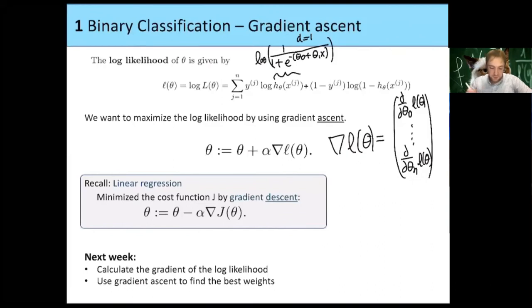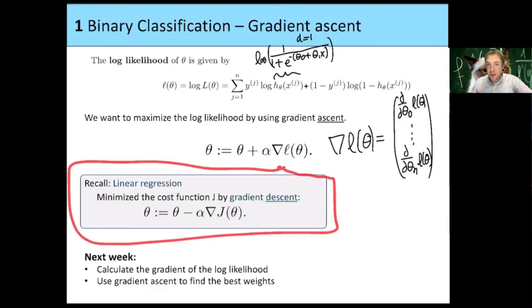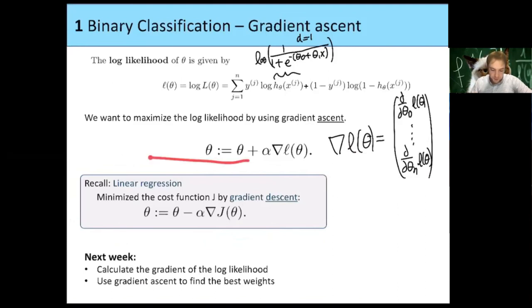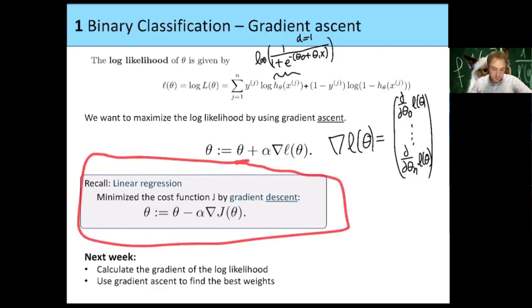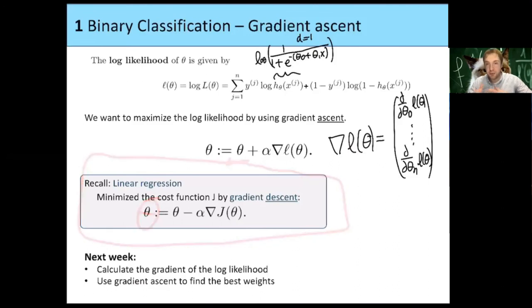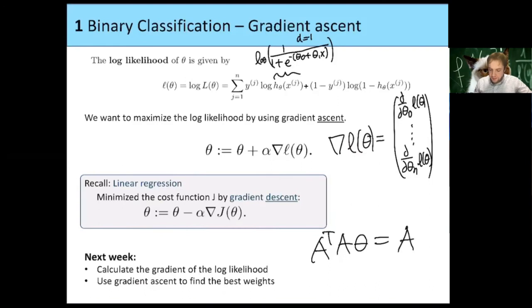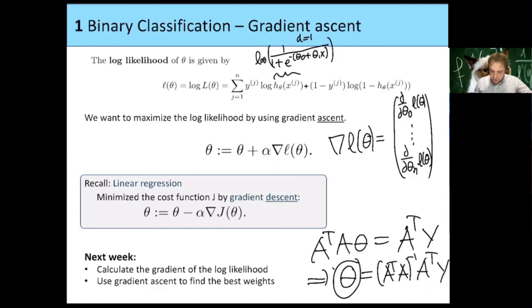The story here is that in contrast to linear regression, there's no direct formula to solve our problem. Today at the beginning, we talked about the linear algebra part where we can find a direct formula for theta by reducing it to the normal equation, A^T A theta equals A^T y. There the direct formula is to multiply with the inverse, and this gave a solution for our linear regression.